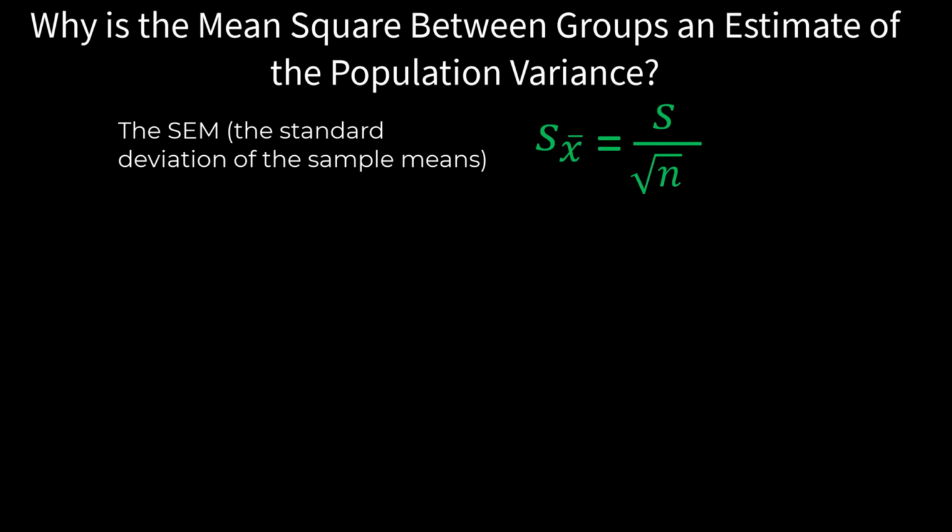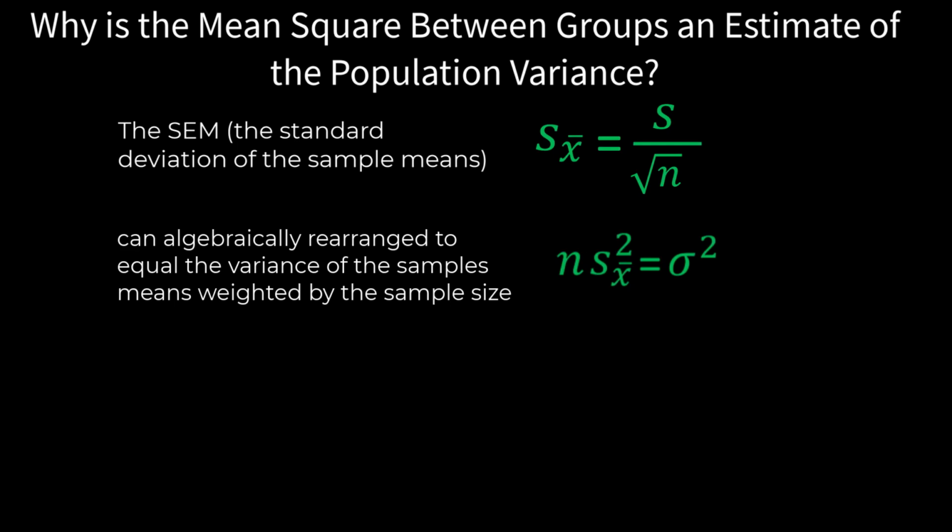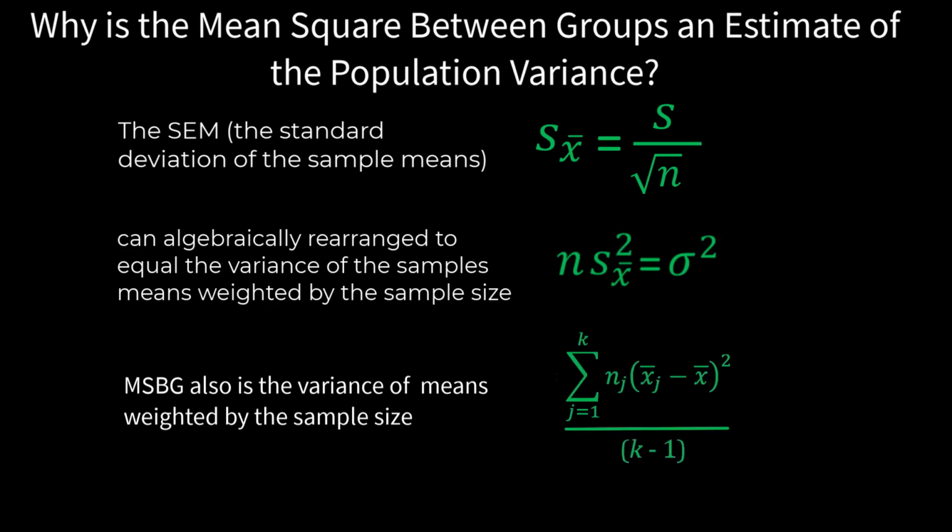We demonstrated that the formula for the standard error of the mean can be algebraically rearranged to show that the variance of sample means when weighted by the sample size is an unbiased estimate of the population variance. The mean square between groups is also calculating the variance of the sample means weighted by the sample size. It's just that the formula looks different from the rearranged formula for the standard error of the mean, but you would get the same results using either one.